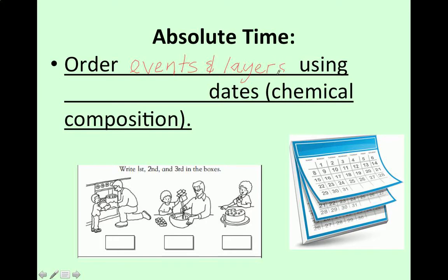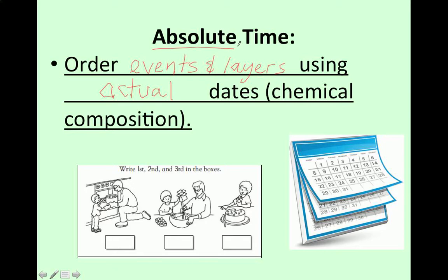And here, when I'm talking about absolute time, I'm going to be using actual dates. And I can find the actual date of a rock or an event from something called chemical composition of the rock. So I can actually look at the chemistry of the rock and figure out a time frame when that rock occurred. Okay, again, that's only in absolute time.